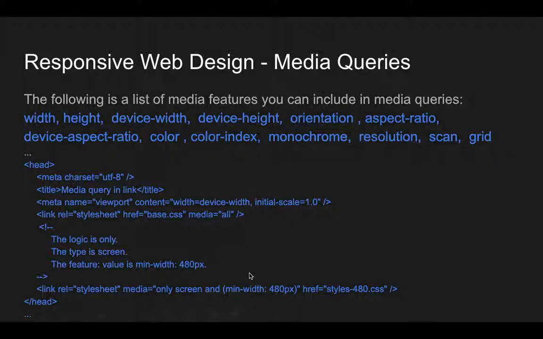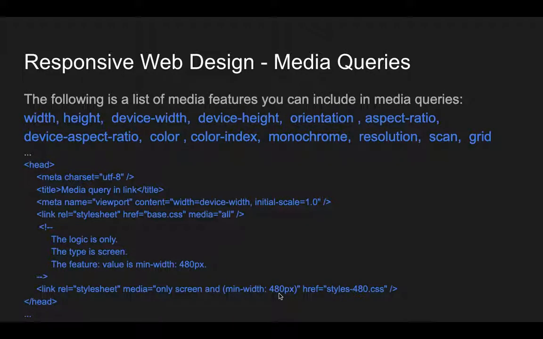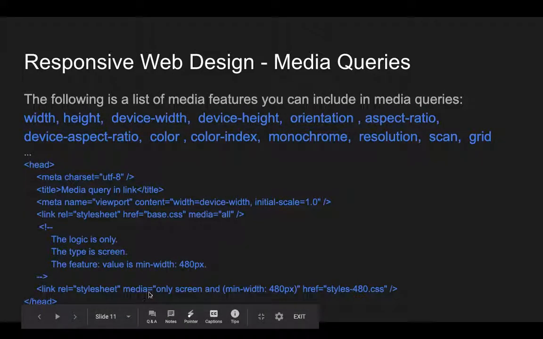So it doesn't matter if that 480 pixels is on a phone or if I'm just squishing my web pages so I can see multiple things at once without tabbing back and forth. So that's the real benefit, right? What this is telling us is that the standard page is going to be using the base no matter what. But if perchance I squish my web browser down to 480 pixels, it's going to automatically load this other style sheet and make it available, right?